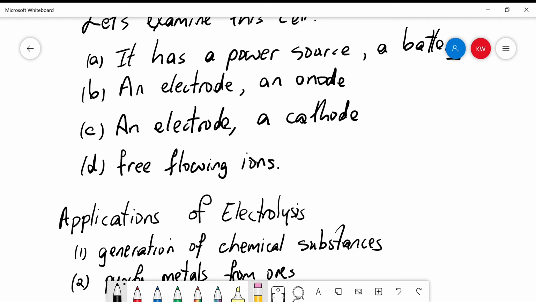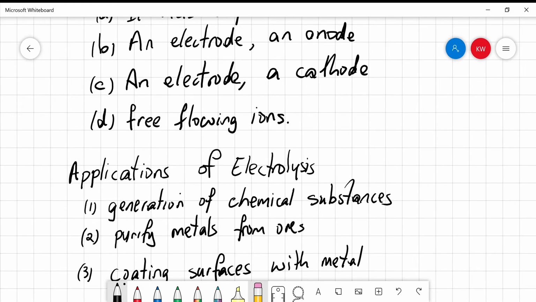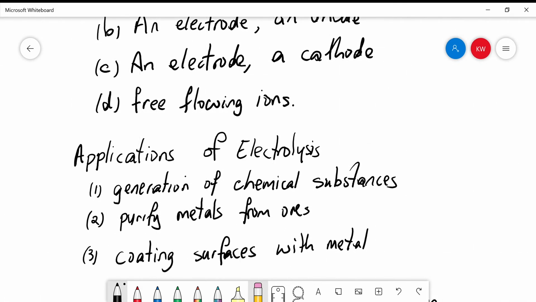Another important thing is we have to look at the applications of electrolytic cells. Electrolytic cells are used to generate chemical substances. They're also used to purify metals, and we also use them to coat surfaces, which is electroplating. This is one of the most common uses of electrolysis.